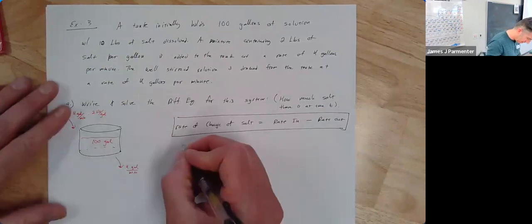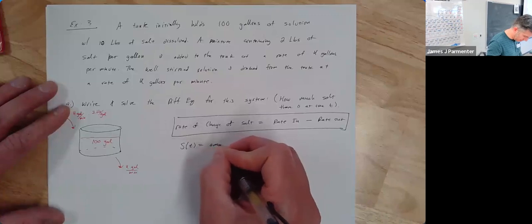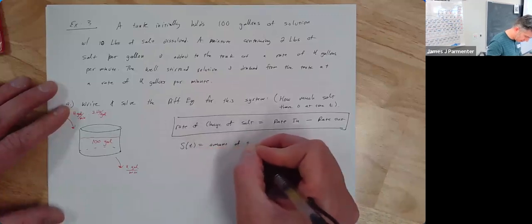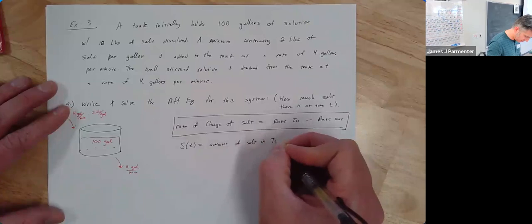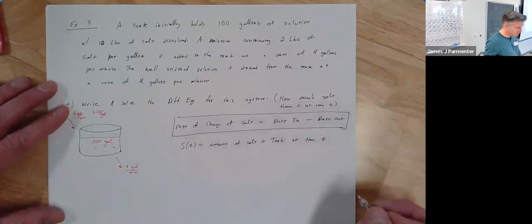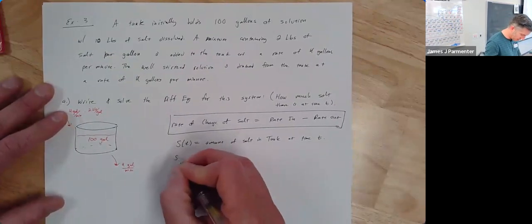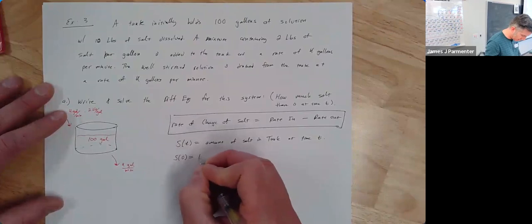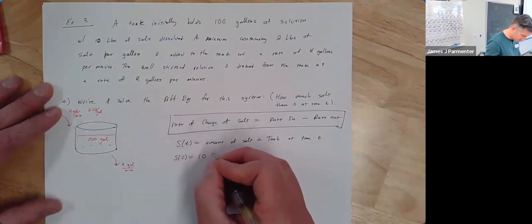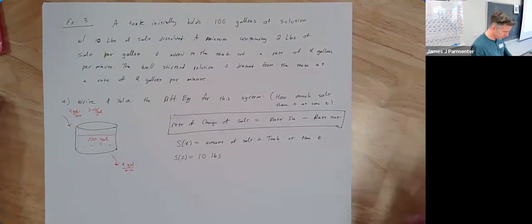So I'm going to say that capital S of t is the amount of salt in the tank at time t. And we already know that the amount of salt at time equal to 0 is 10 pounds. They told us there were 10 pounds of salt in the tank.